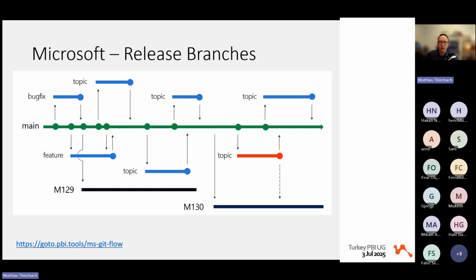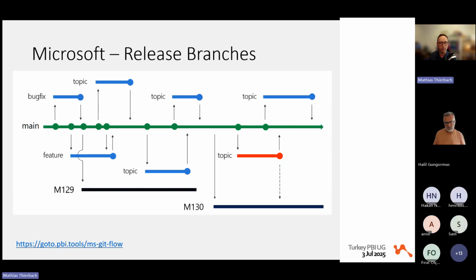To add a few more flavors here, Microsoft have published on their Azure DevOps documentation how they actually use branches. And in fact, Halil mentioned my involvement in the Timnit development earlier. It's certainly something which I experienced firsthand when I contributed to the Power BI team.